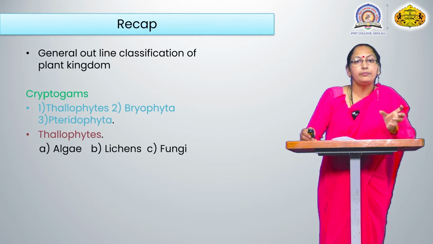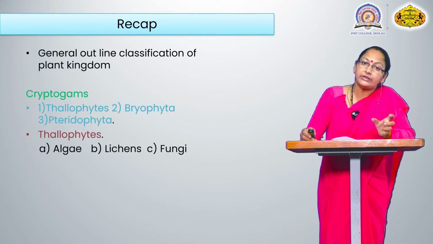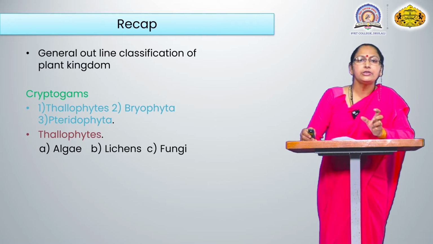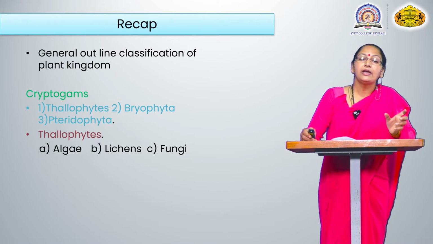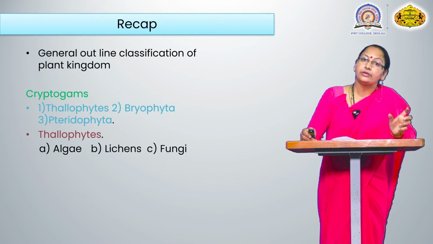The plant body of these three forms is thalloid in nature, not properly divided into root, stem and leaves.